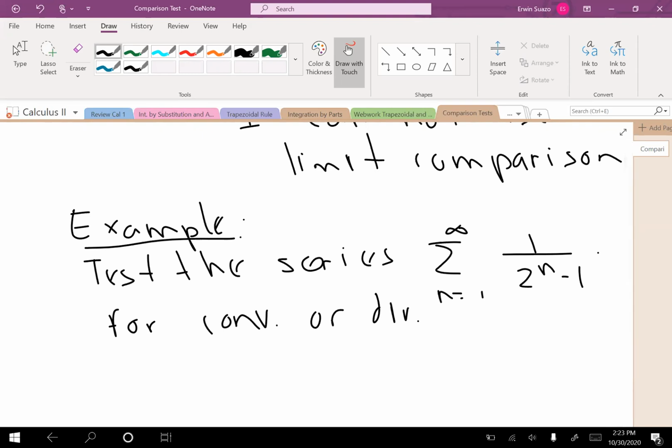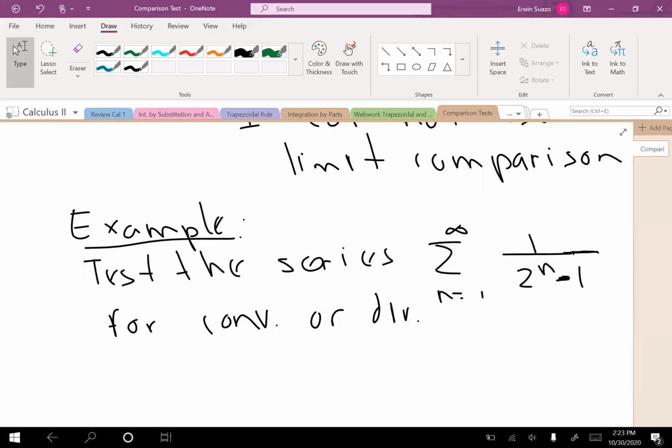Okay, so which one would you like to compare it with? I mean, it must look very similar so we can compare it. So which one would you like to compare it with? The 1 over 2 to the n. Yes, correct.